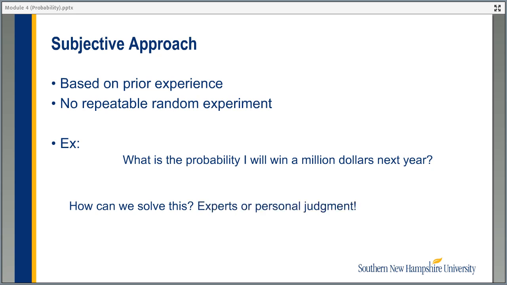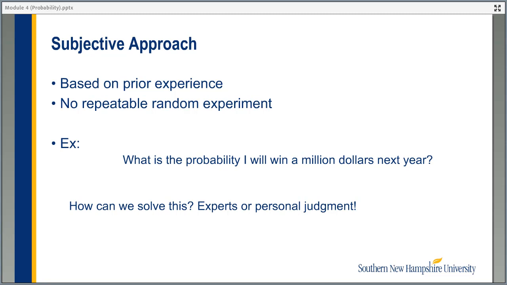Well, the best ways, or pretty much the only ways that we may be able to answer this question are by asking experts or using our personal judgment. And that's how we would approach it. So it's definitely less exact than some of the other methods.